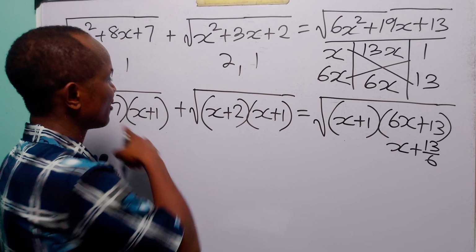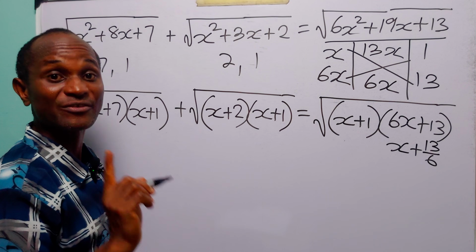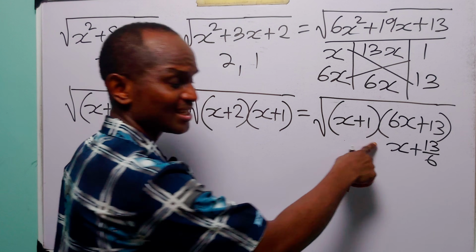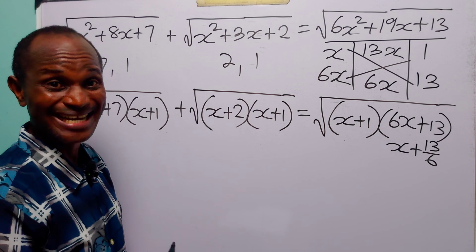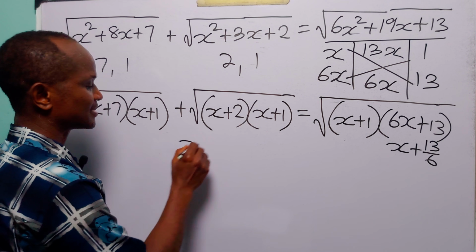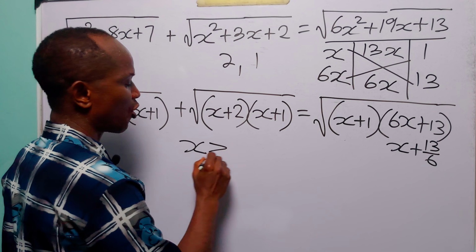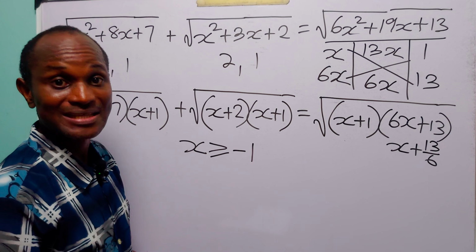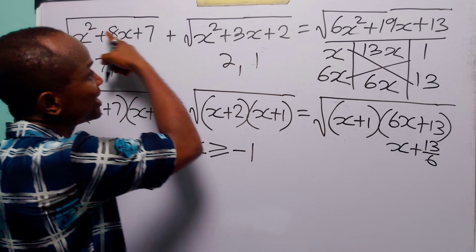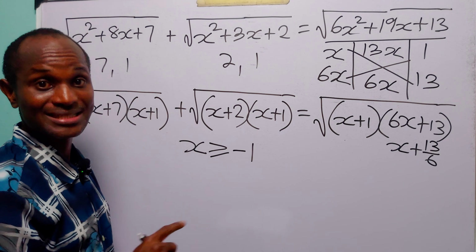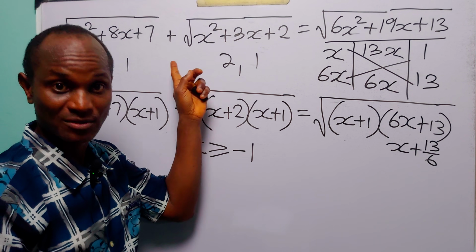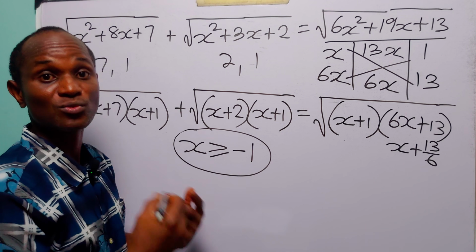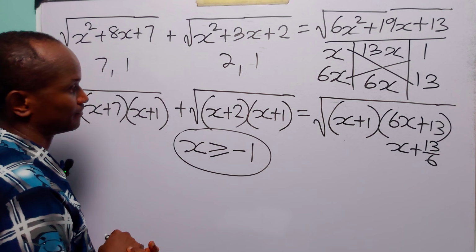So that means that for this equation to be defined, for each of these three square roots not to be negative, then x must be greater than or equal to minus 1. This simply means that any value of x that we calculate as a solution to this radical equation must be greater than or equal to minus 1.